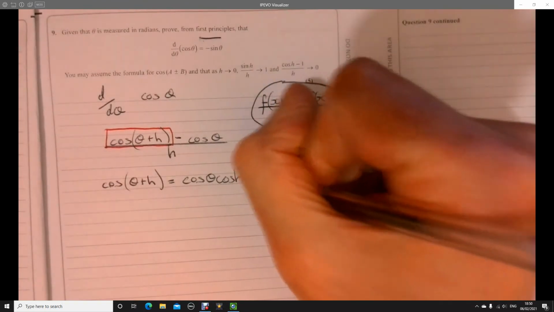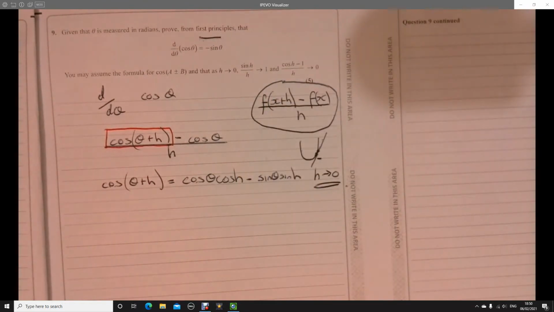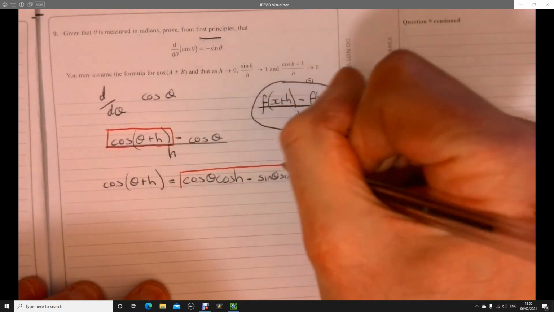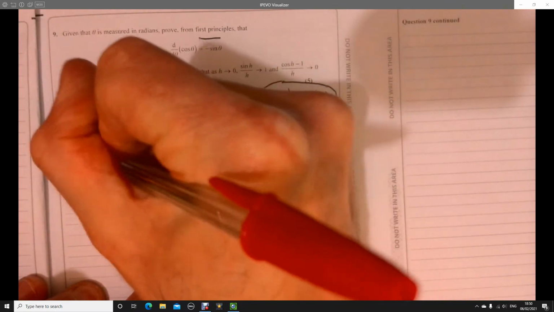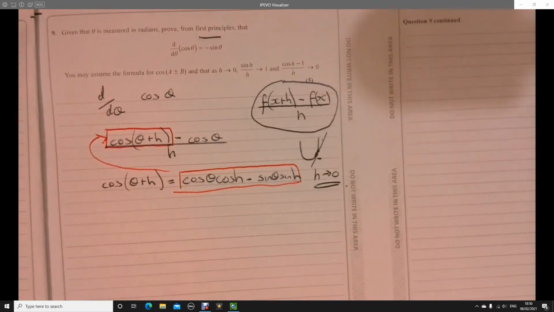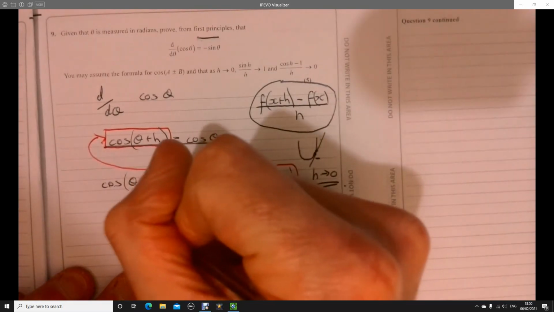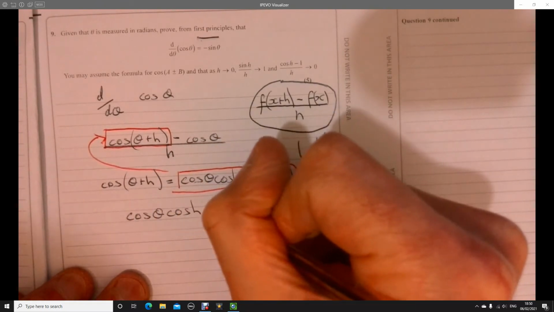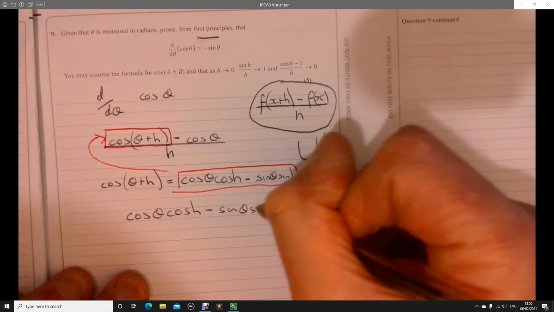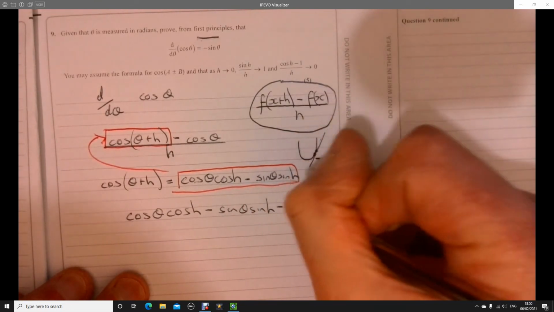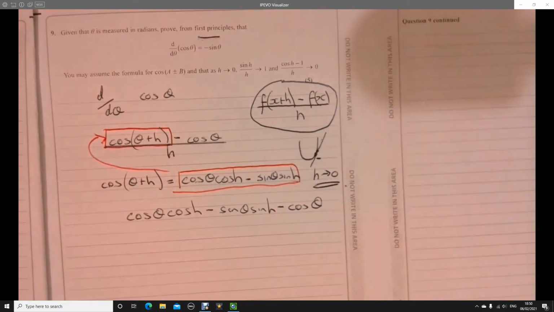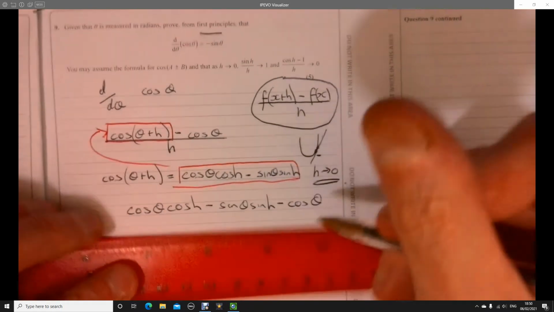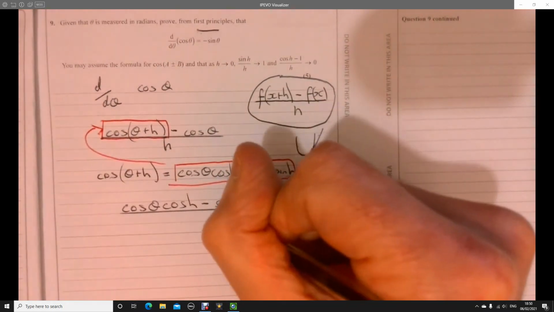That is in the formulae book, but it just says A and B. Okay, so let's take this bit and rewrite it there. We've got cos theta cos h, take away sine theta sine h, take away cos theta. And remember, it's all over h.